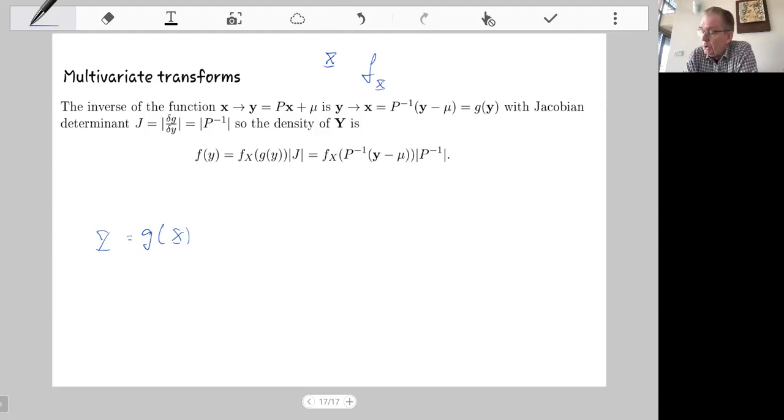And this can go either way, but I should have said, for consistency, that y is an h of x, so that x is some inverse transformation of y.